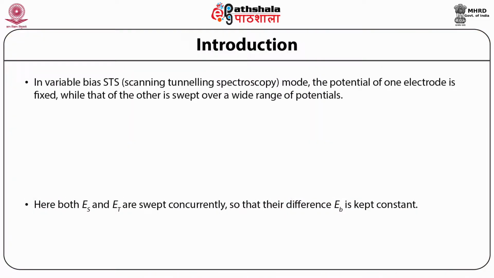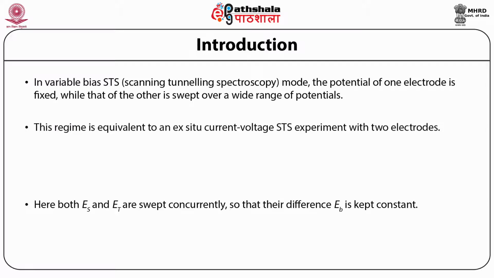In variable bias scanning tunneling spectroscopy, or STS, in this mode the potential of one electrode is fixed, while that of the other is swept over a wide range of potentials. This regime is equivalent to an ex situ current-voltage scanning tunneling spectroscopy experiment with two electrodes.